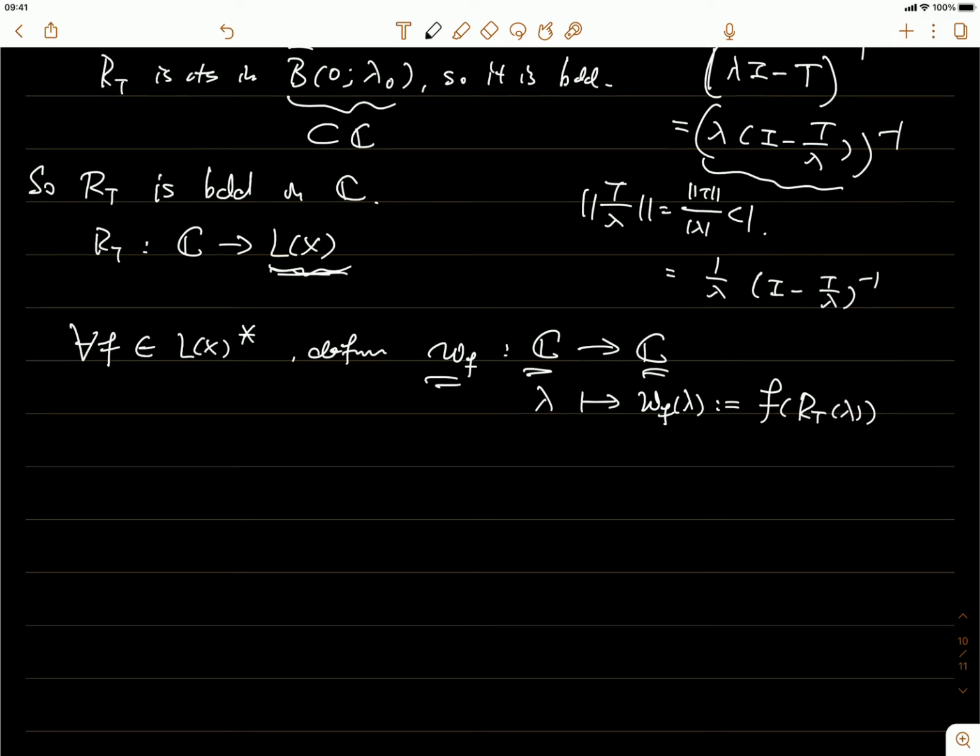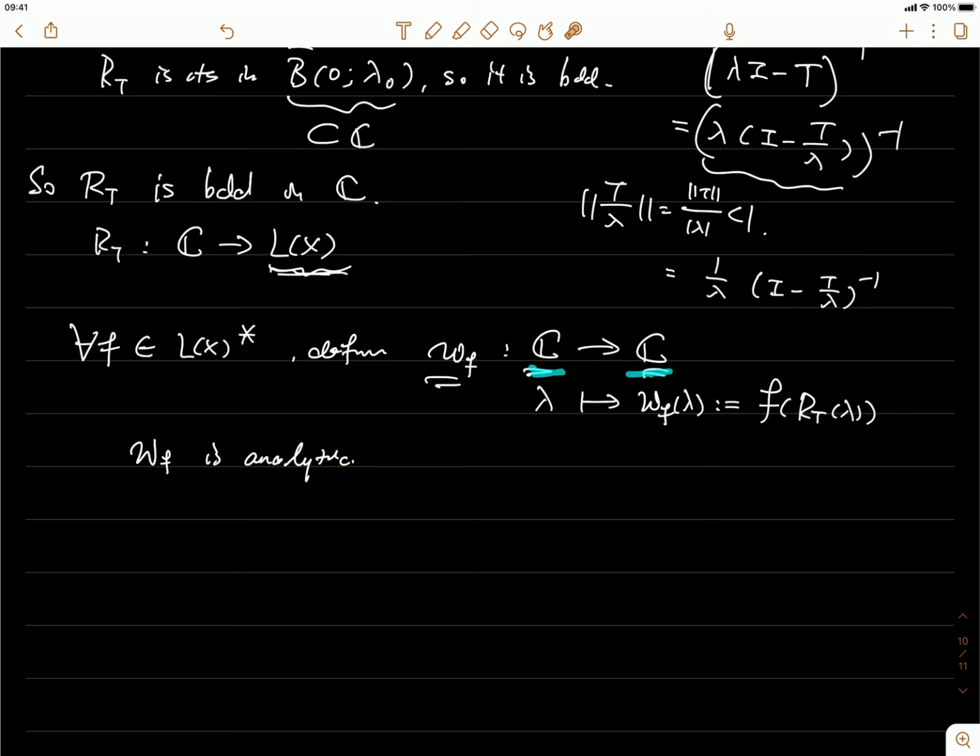Now I have this function, and that is defined here. On the one hand, I know that the Wf is also analytic. The reason is it is a composition of this analytic function and the linear function, which is really nice. So the composition of these two is still analytic.